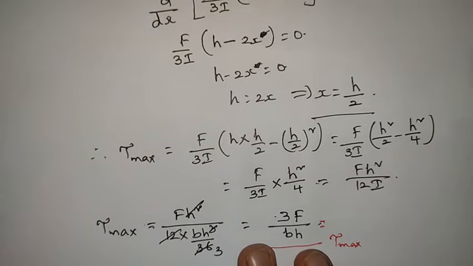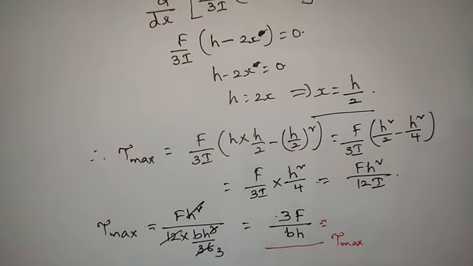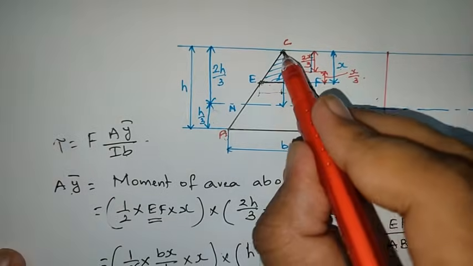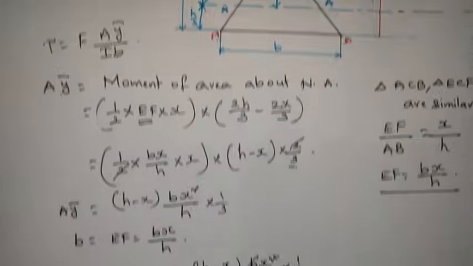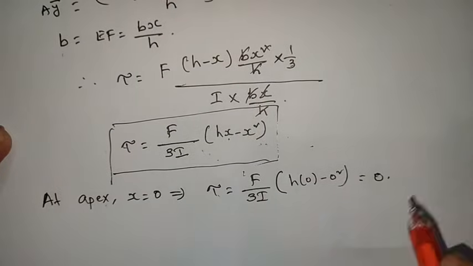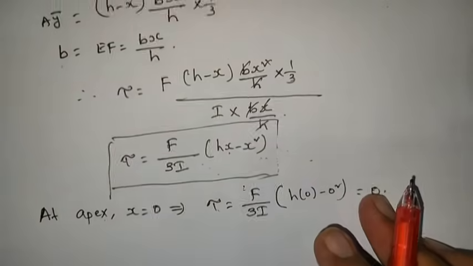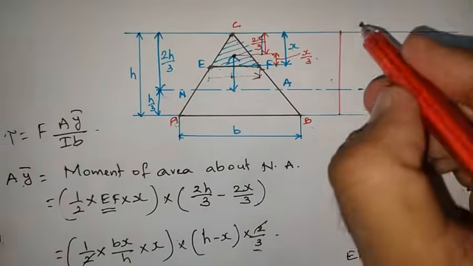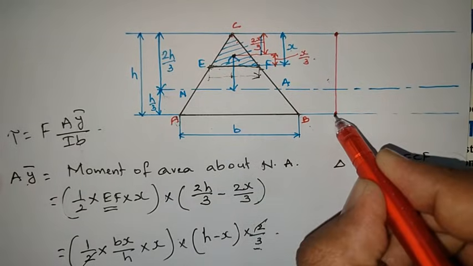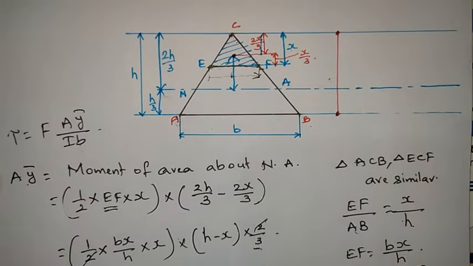So now let us represent these stresses in the diagram. First, shear stress at apex. So at apex the shear stress is equal to 0. At the apex it is 0, and here at the bottom also it will be equal to 0.